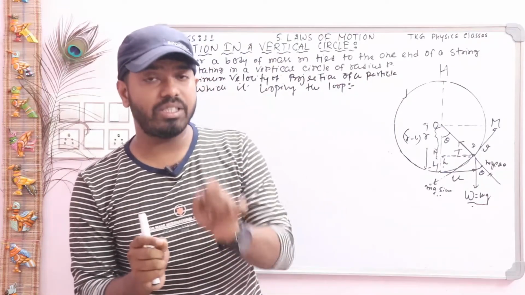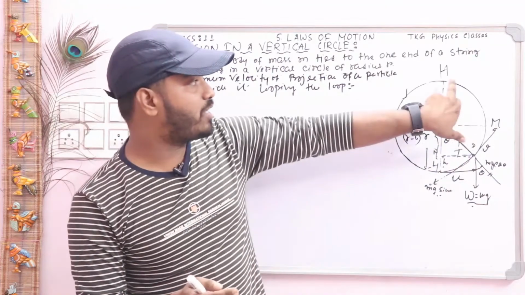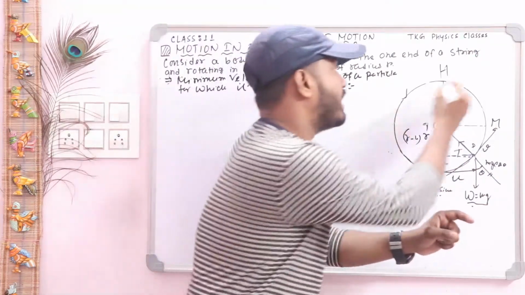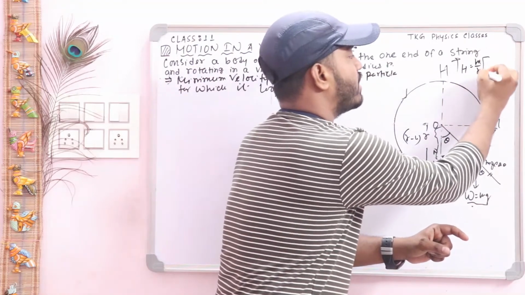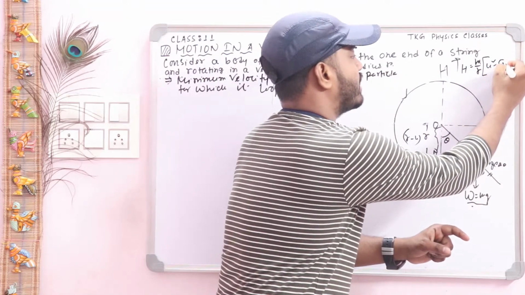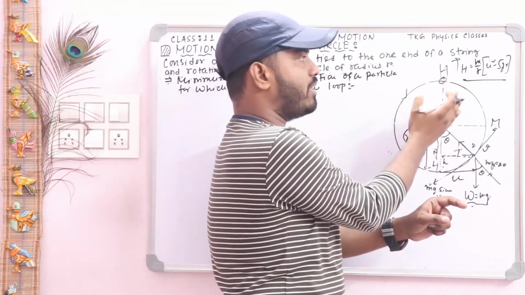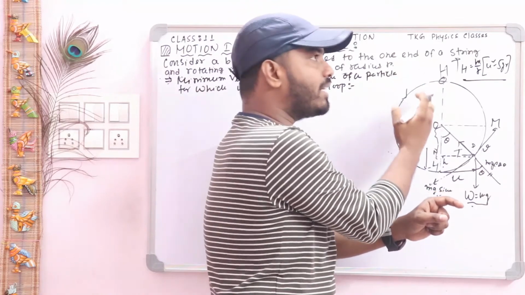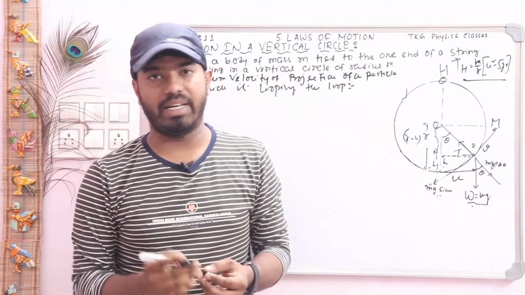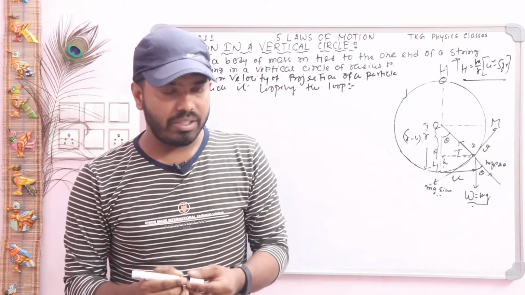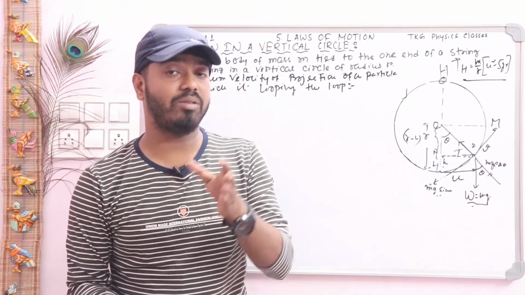Obviously the tension which is given at the highest point must be positive. The highest point tension, which is named TH, we already completed this part, that is m/r (u² − 5gr). This value, the tension at this highest point, must be positive, and in that condition the body will complete the vertical circle. So tension at the highest point must be positive. That means you can say tension is equal to 0.